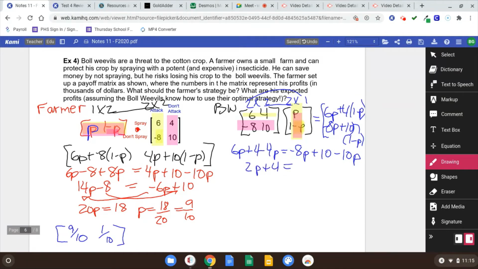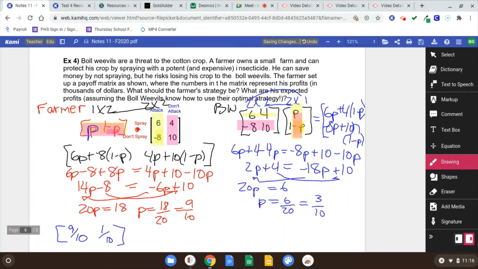And on the right side, that's negative 18p plus 10. I would add this 18p over and get 20p. Subtract the 4 over and get 6. So we can see that p equals 6 over 20, which reduces to 3/10.